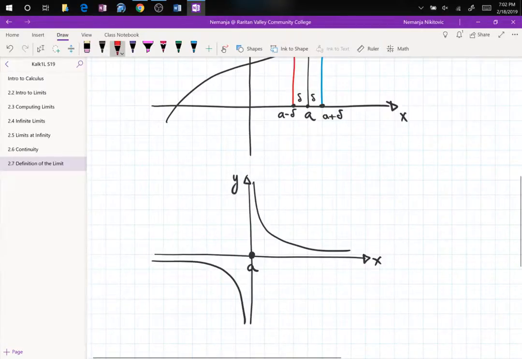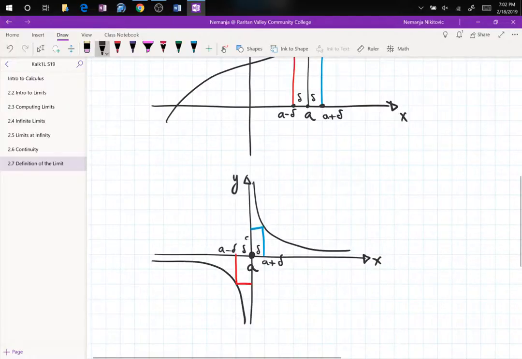So what happens? As you approach from left and right, look what happens. You have your a minus delta on this side and a plus delta on this side. So your x-axis now looks the same as the x-axis up there.